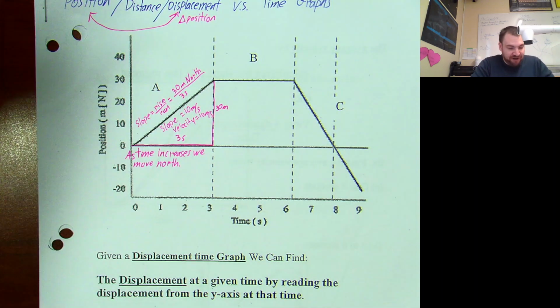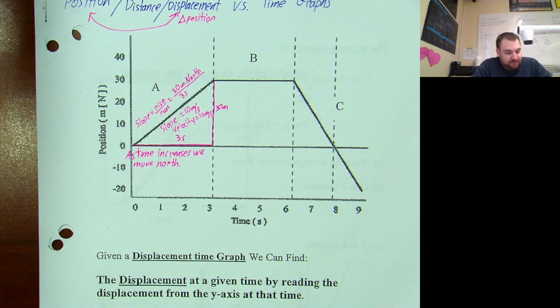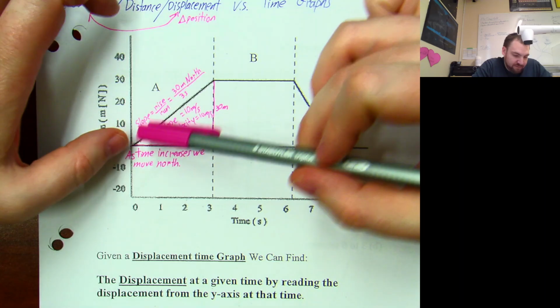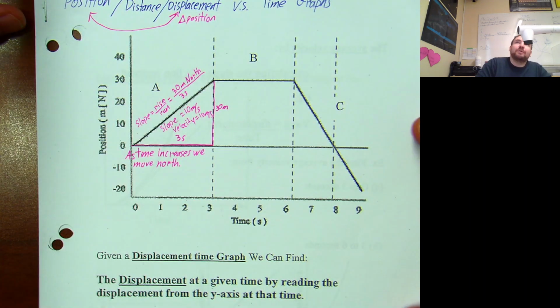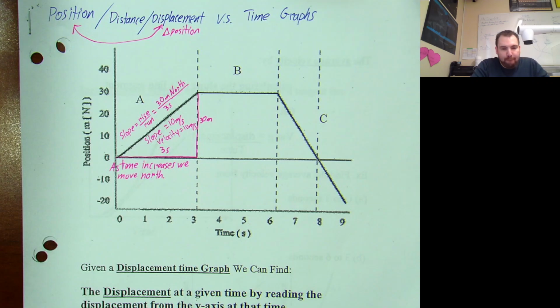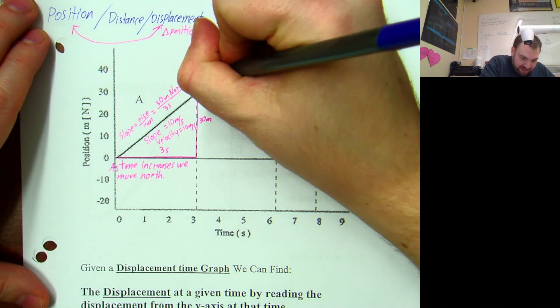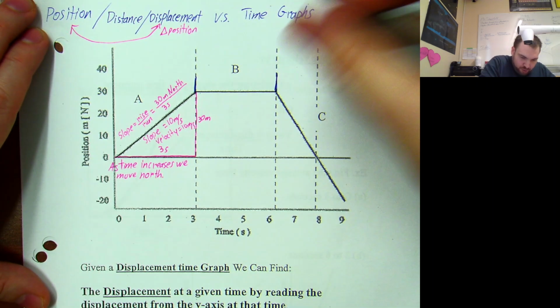What else can you tell me about this graph? Let's stop zooming in just on A. Let's look at the bigger picture here. What else can you tell me about this graph? Someone other than Manuel. Yes, hands up. From 3 seconds to 6 seconds, we're not moving.